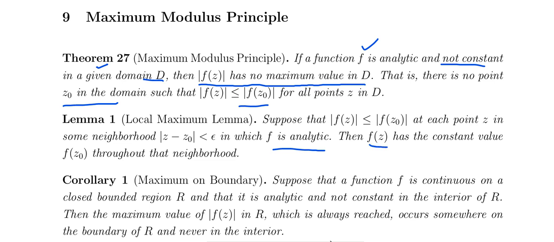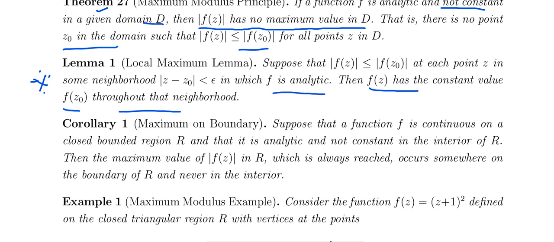Then f of z is a constant value, f of z naught, throughout that neighborhood. That is called the local maximum lemma.